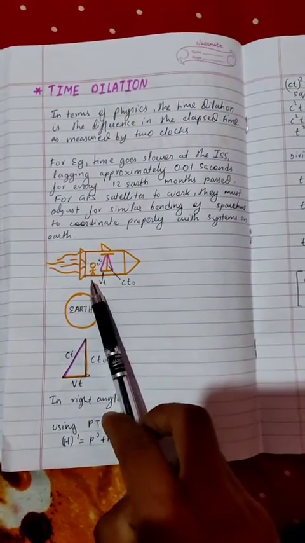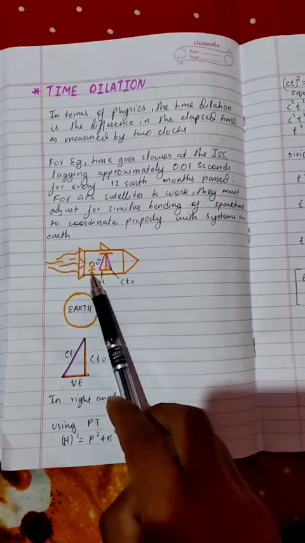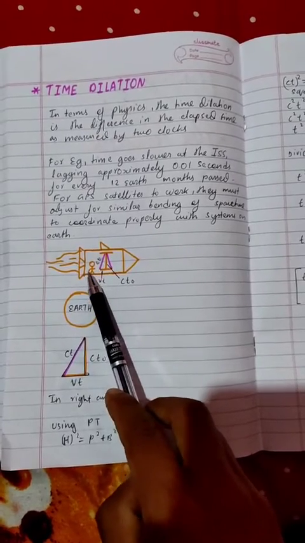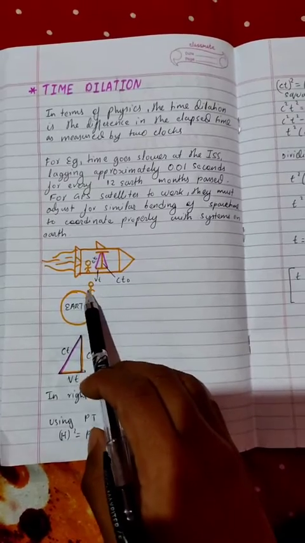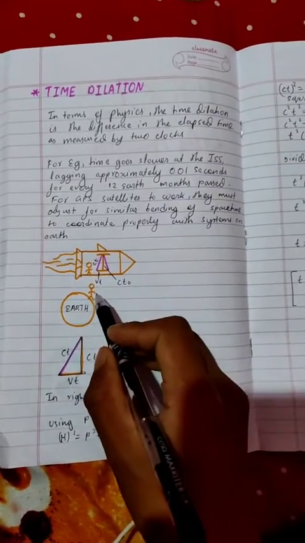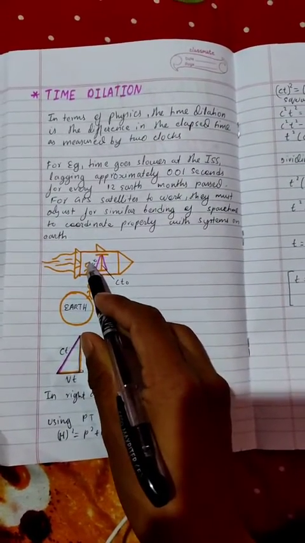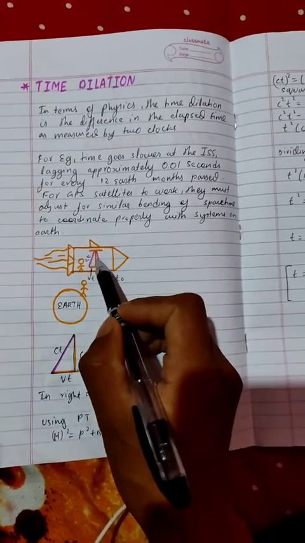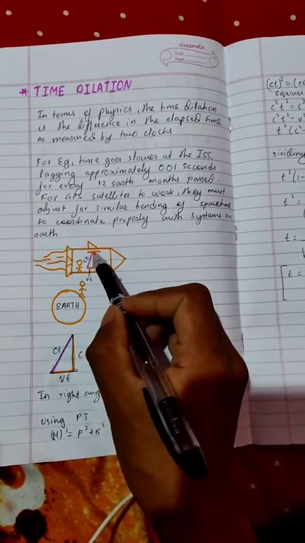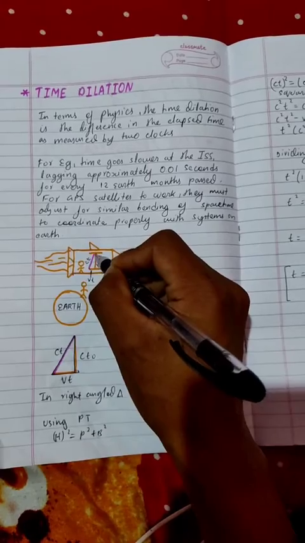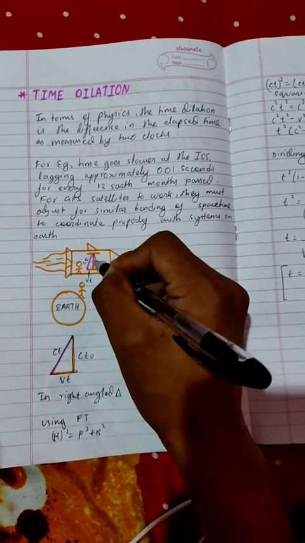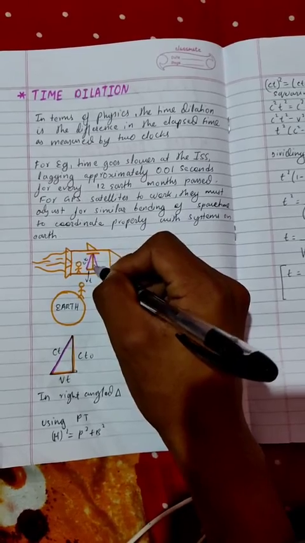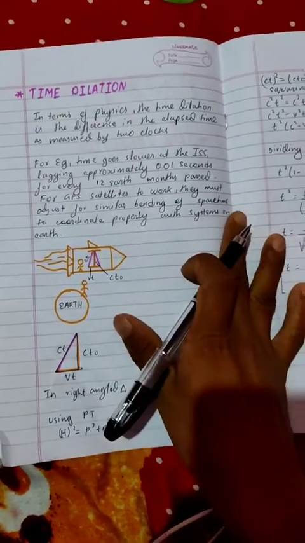So this is the rocket which carries one observer, and this is an image of Earth having observer A. This is observer A, and this is observer B, and this is a mirror, and this observer is looking towards this beam of light, which is moving up and down in a straight line.